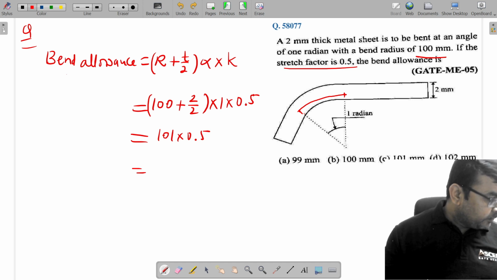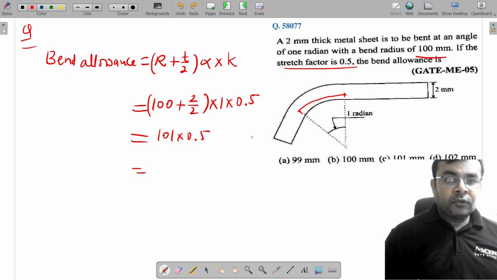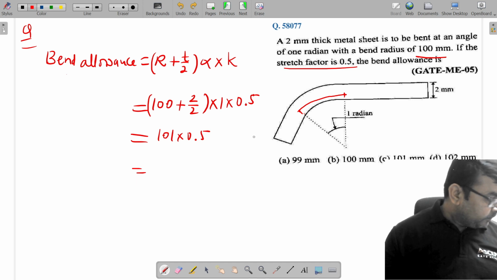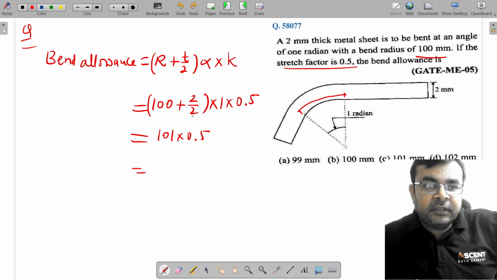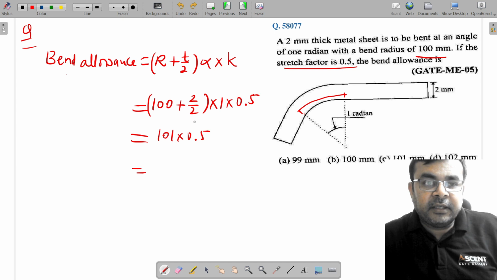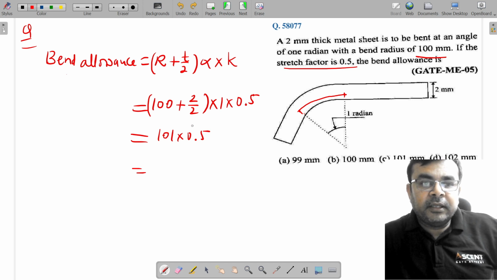So the bend allowance is nothing but we have this relation, R plus T by 2 into alpha into K. The stretch factor is 0.5 and we have a 1 radian angle.